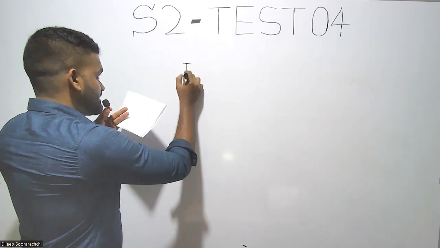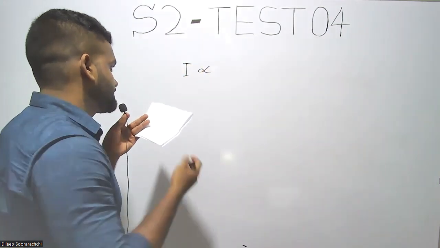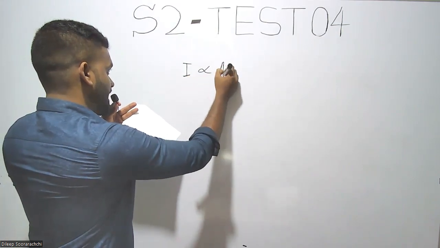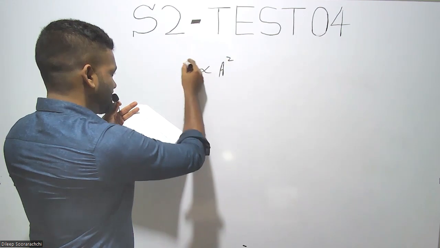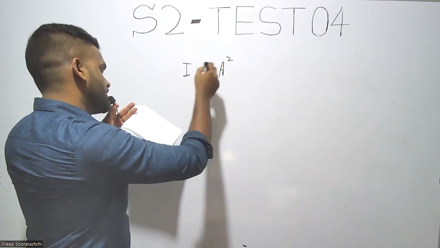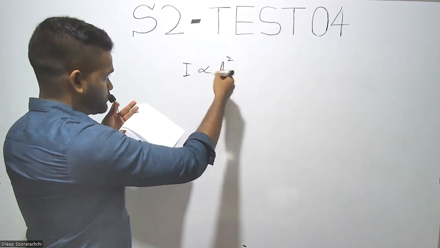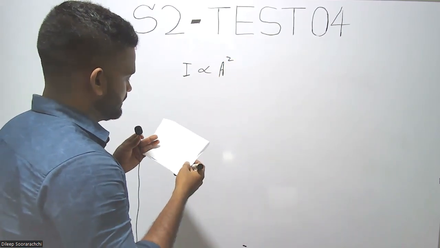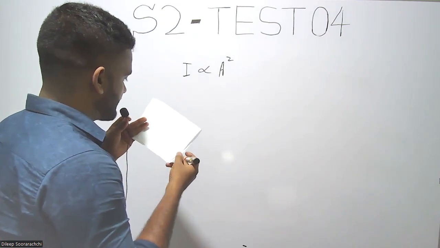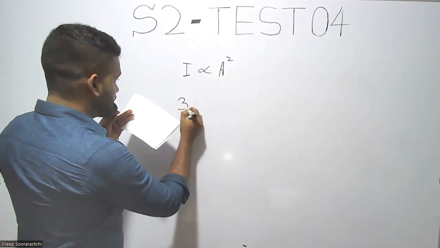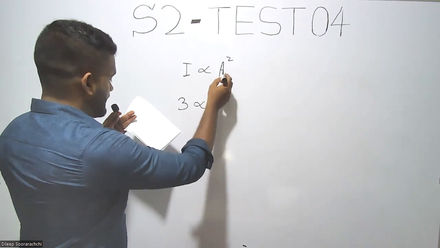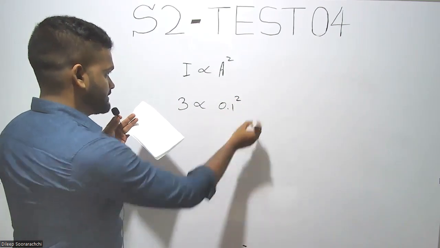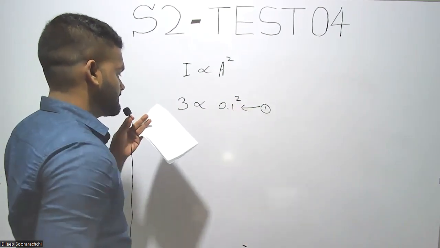You should remember this: the intensity of a wave is proportional to amplitude squared. Intensity means the energy of the wave. For the first case, intensity is 3 watts per square meter, and amplitude is 0.1 millimeters squared. So this is the first proportionality.